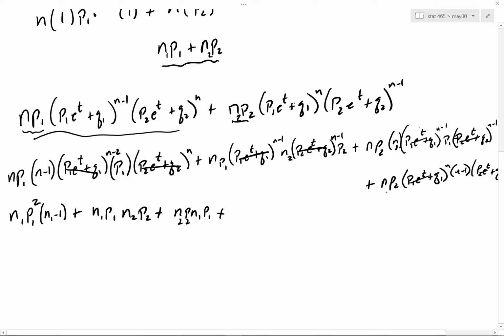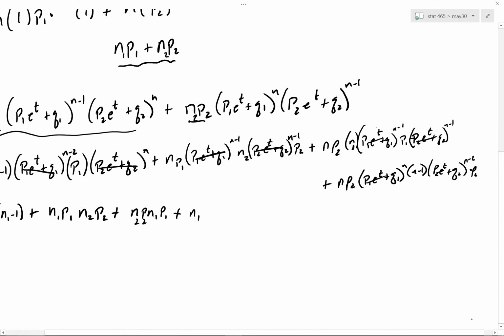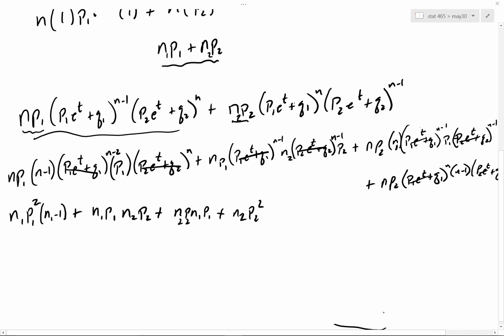And so you get an n1 n2 p2 squared. I think that should be pretty good. So now let's distribute this mess out like we did last time.